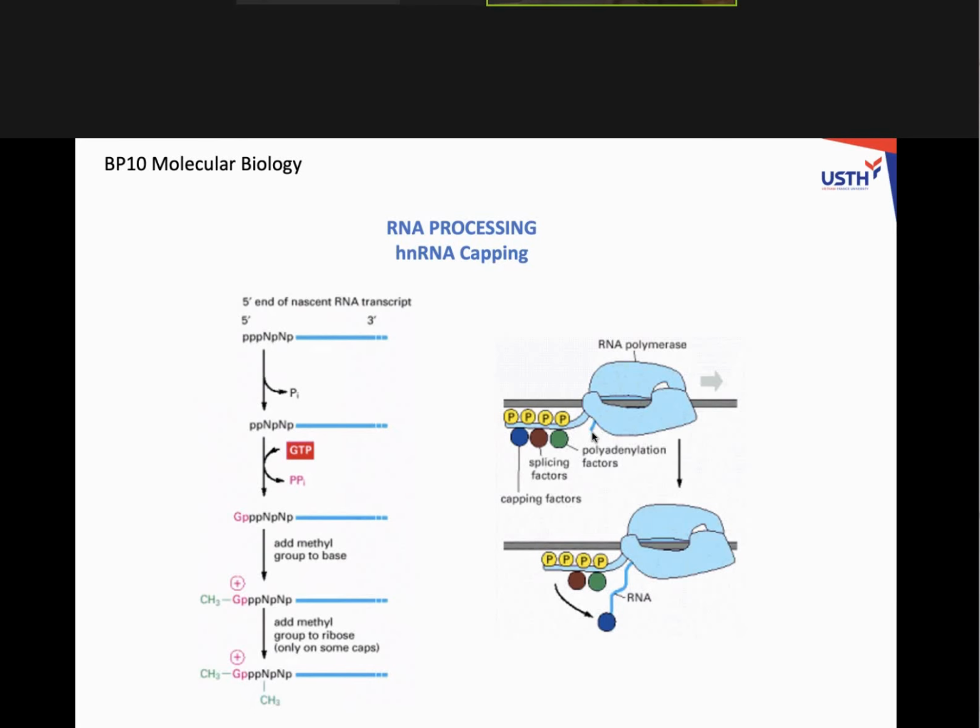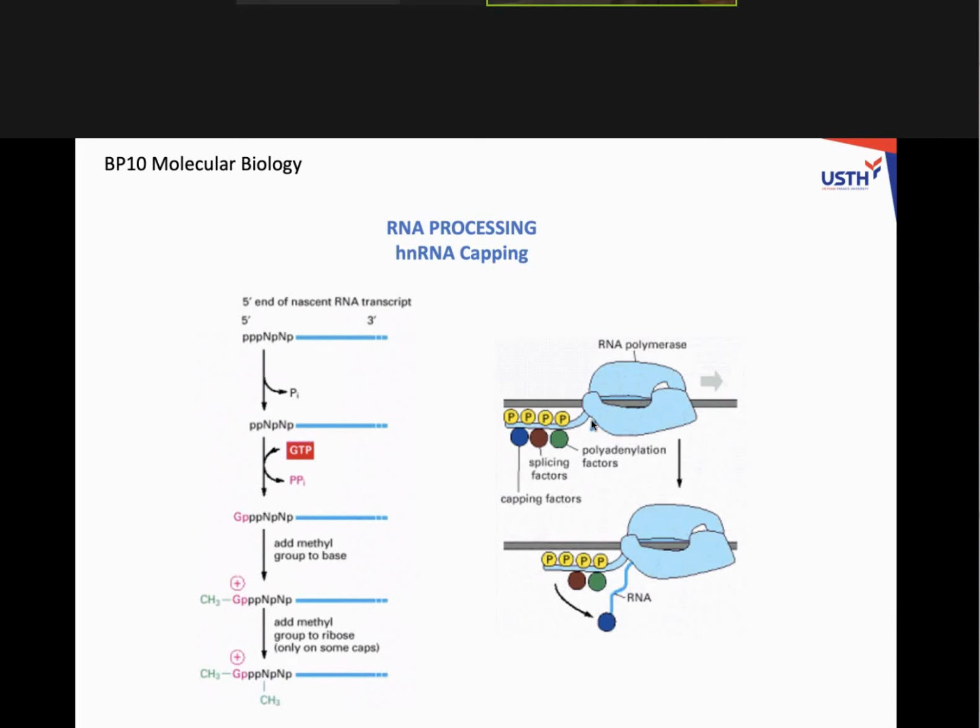So the cap, this chemical structure there, needs to be added at the first nucleotides that are produced after the very beginning of transcription. The capping factors are already present just at the right place.